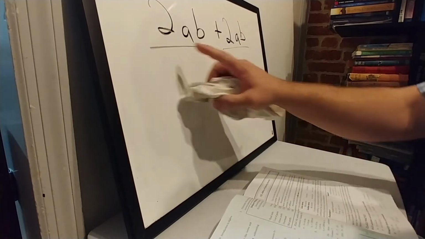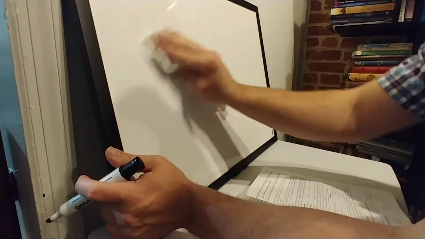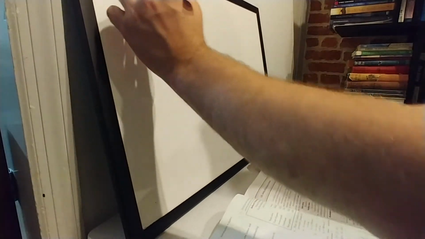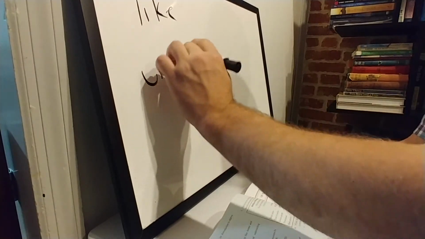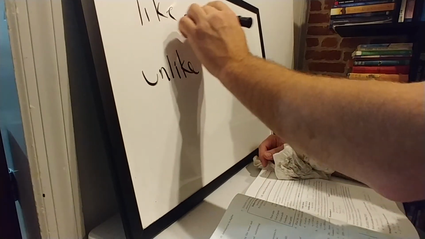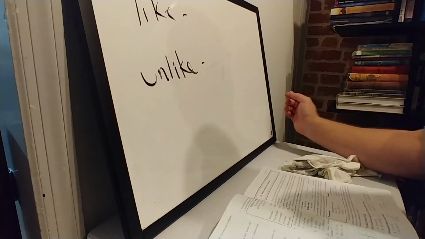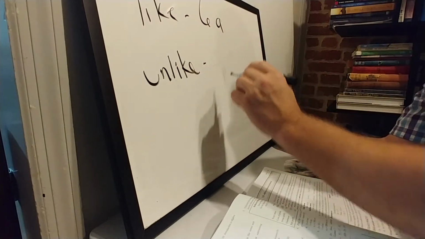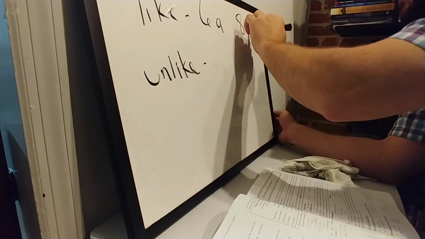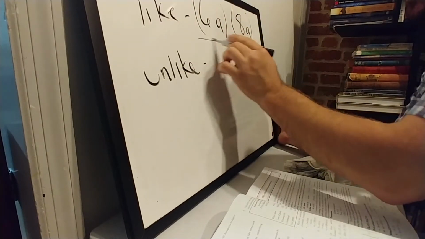So we're taking something like this and adding it. Now, one thing they talk about in this lesson is like terms and unlike terms. That's as simple as, are they exactly alike or aren't they? 6 times A and 8 times A, these are like terms, all right?